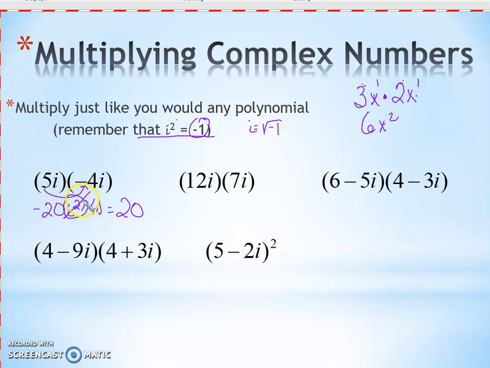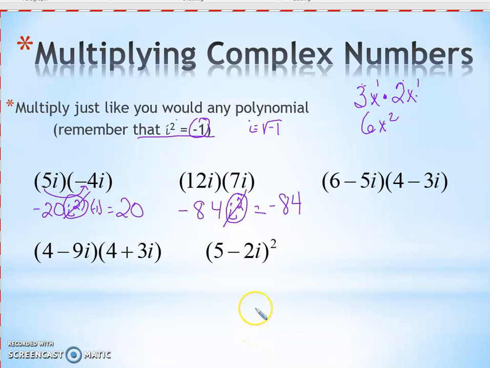So all that happens when you have this i squared is that the i squared goes away and you change the sign of the term. So let's say we had 12 times 7. Let's just see what that would be, 84. And i times i would be i squared. So since I have an i squared, that goes away and the sign changes in front. So now I have a negative 84.